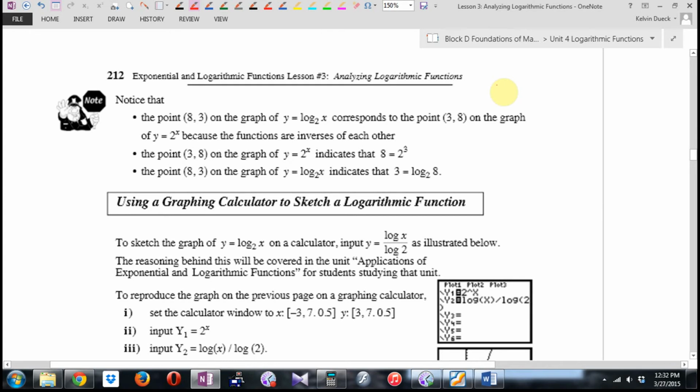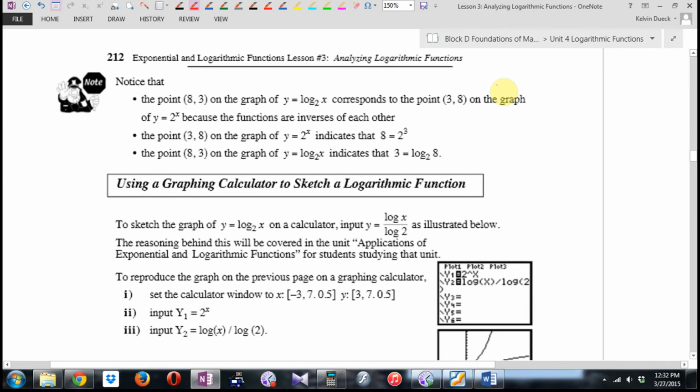Okay. Notice the following. If your exponential went through (3, 8), that point becomes (8, 3) on the log graph. Here's what that means. Apparently, the log base 2 of 8 is 3.